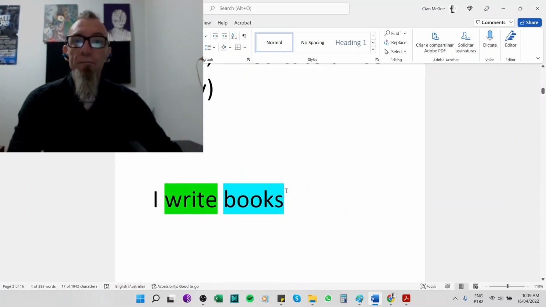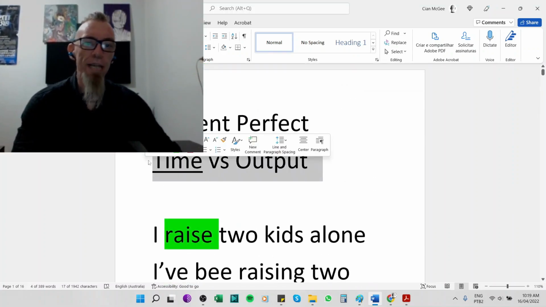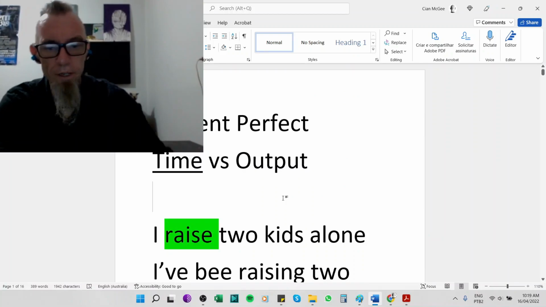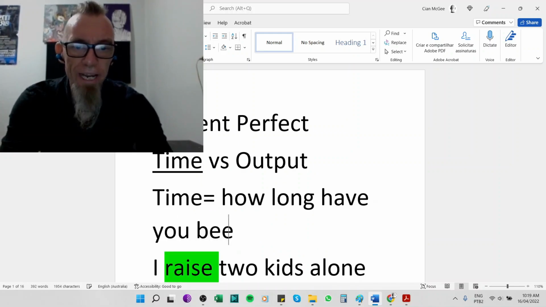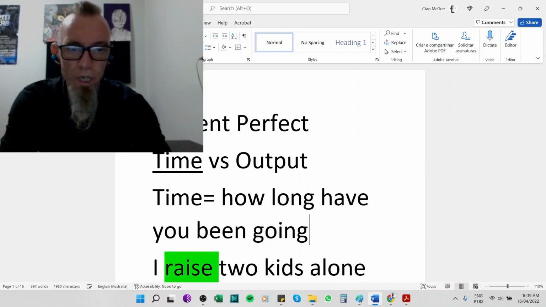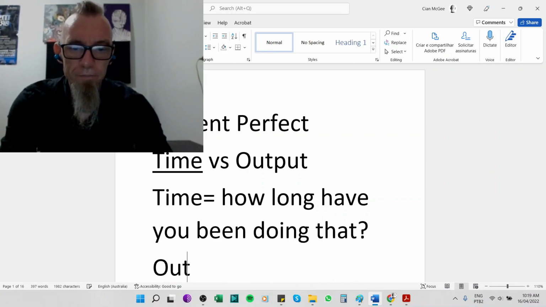And that's it. That's all we're going to look at today. So let's just review. Time versus output, present perfect. Time, we'll say, is how long have you been doing that shit? Output, how many have you done?